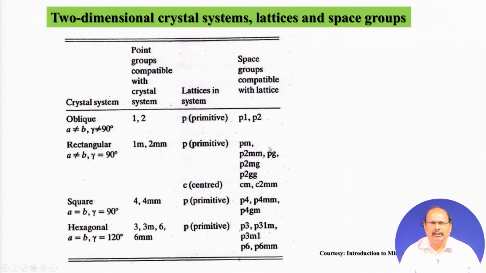So, the symbol then will be P G, and in this case you have a two-fold axis symmetry that is vertical, you have a simple mirror plane, and perpendicular to the mirror plane, you have a glide plane. That combination will be given the symbol P 2 M G.